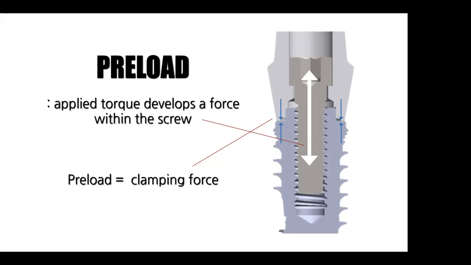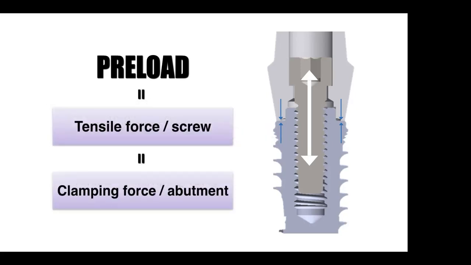When you rotate or tighten the screw clockwise, the screw will move down into the internal thread of the implant. It'll bring the abutment and implant together until they meet at the interface or the platform of the implant.